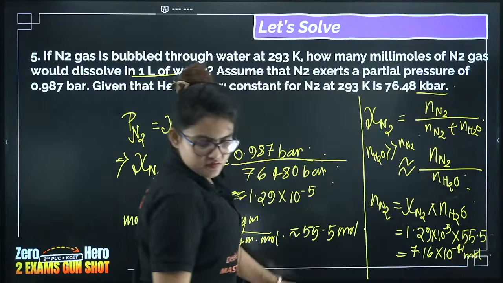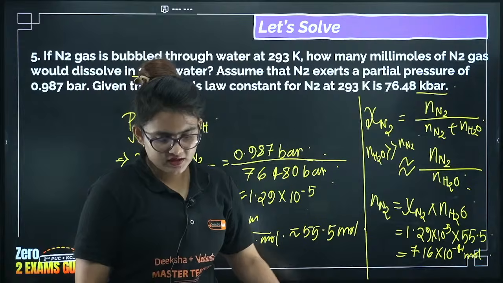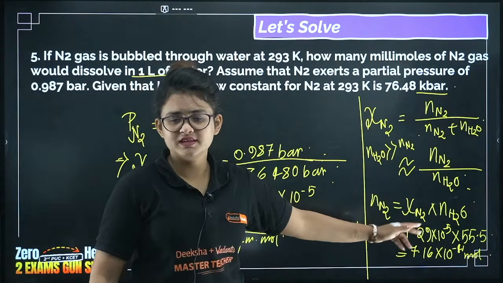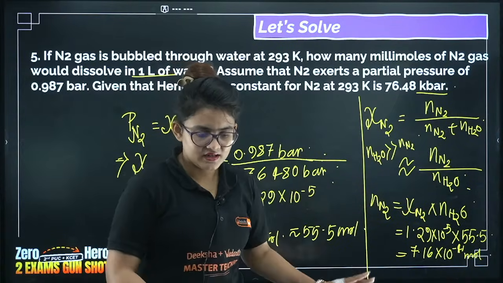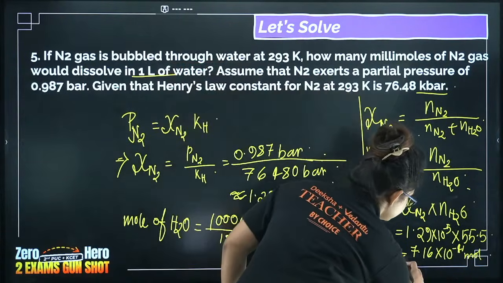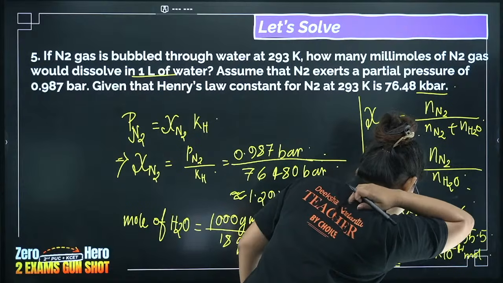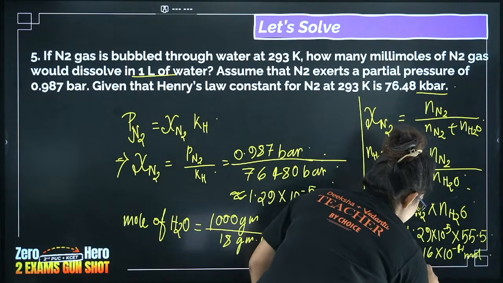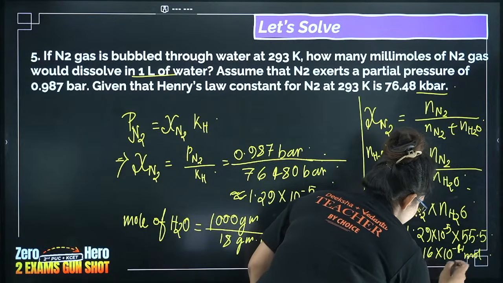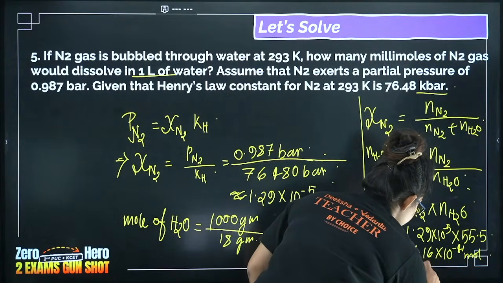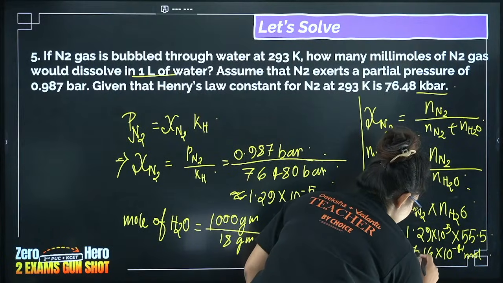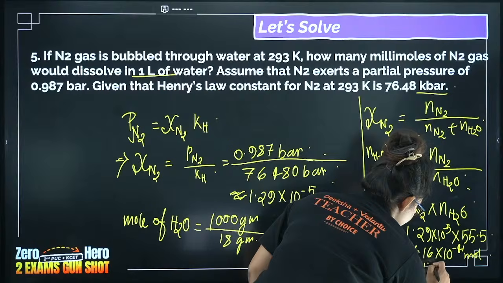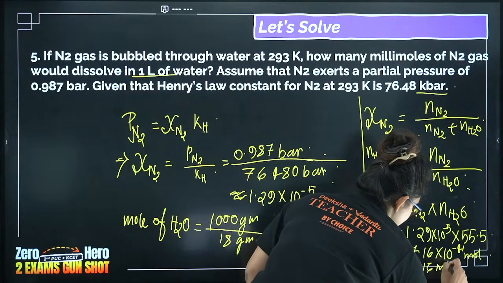Okay, so for this particular case, if you want to convert this to millimole unit, then you have to just multiply with 10 power 4. That's it. Okay, so as a result of this, you will get, milli means 0.716, 10 power you have to multiply, 0.76 is going to be your answer.